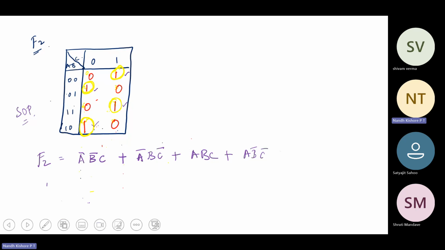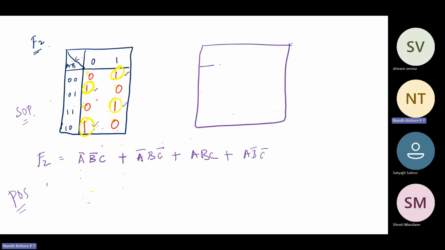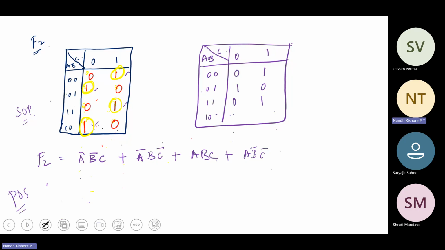If you have to write the POS form, that is product of sums form, you should be looking for zeros. So let me redraw this K-map and group all the zeros together. So 0, 0, this is another 0, and this is another 0.